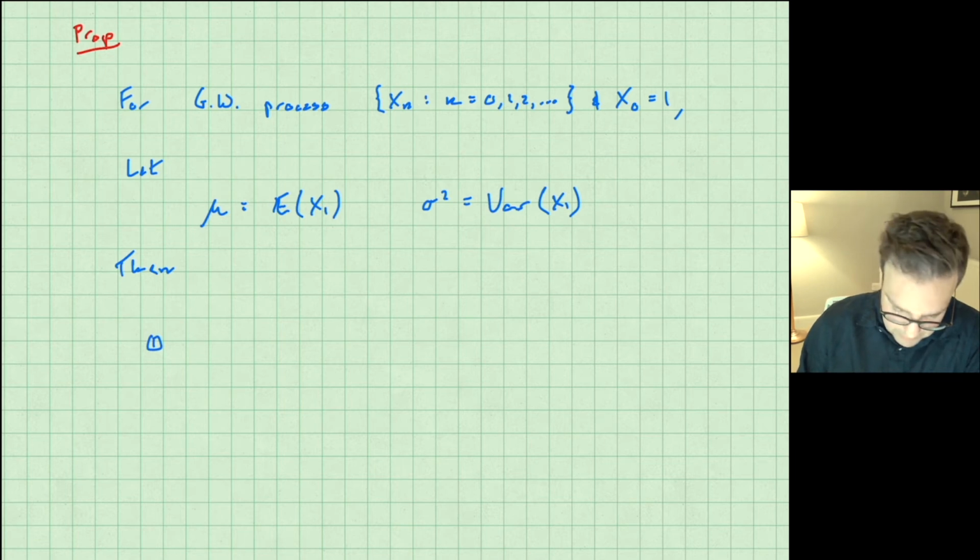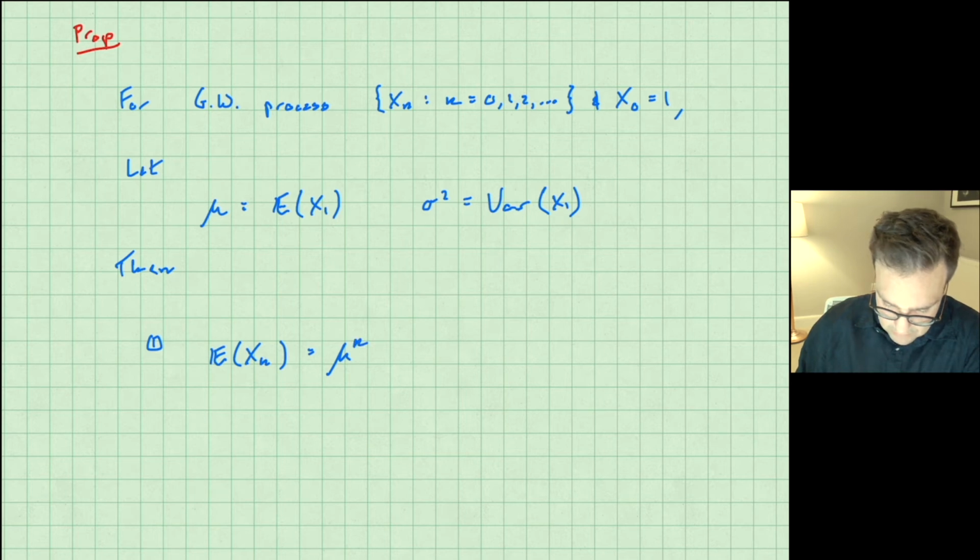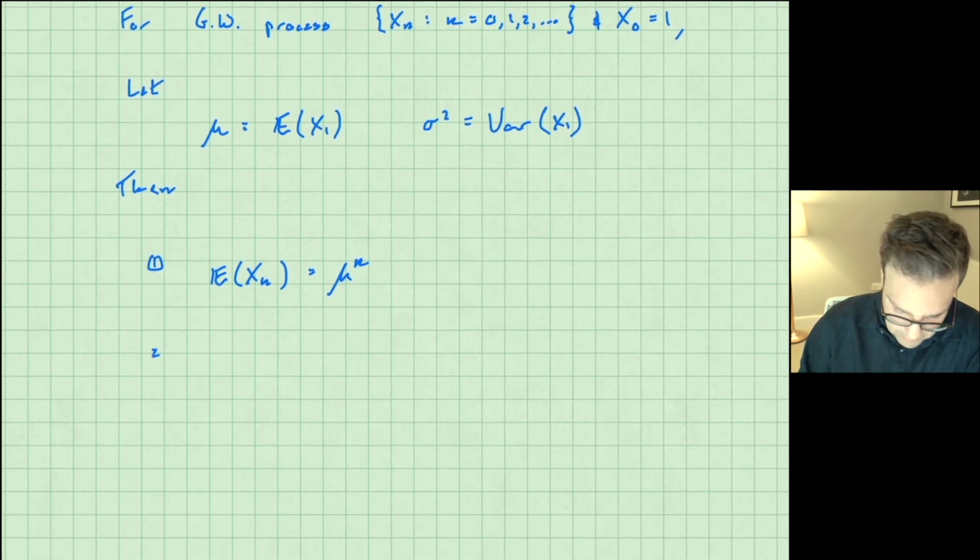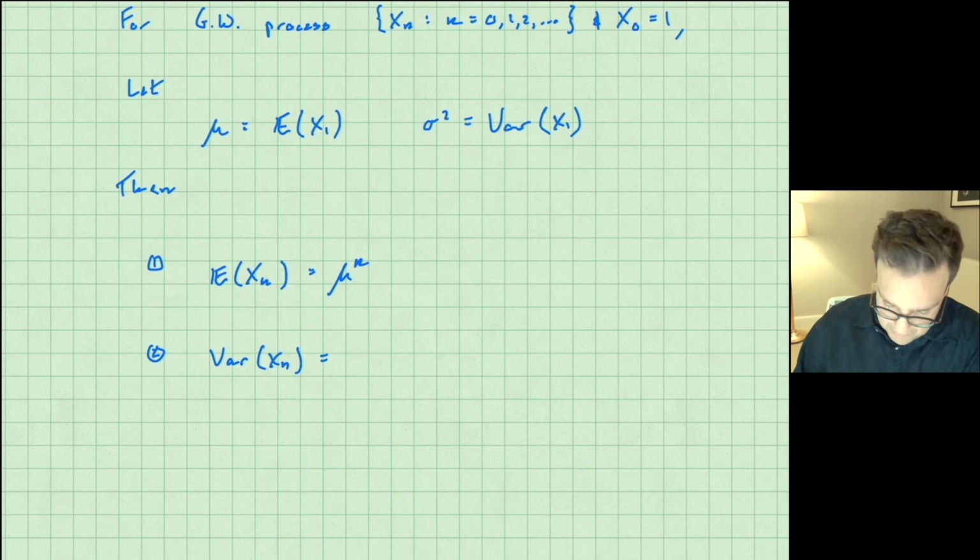So the expected value of x sub n, it turns out, is mu to the n. And the variance of x sub n is equal to a slightly messier formula. So I'll give us some more space here.